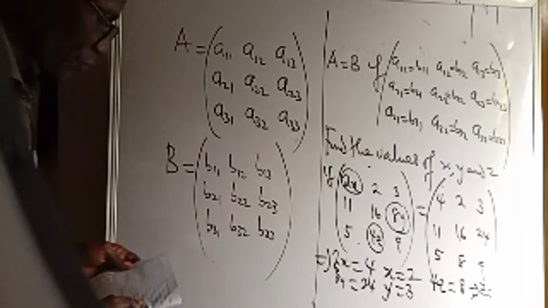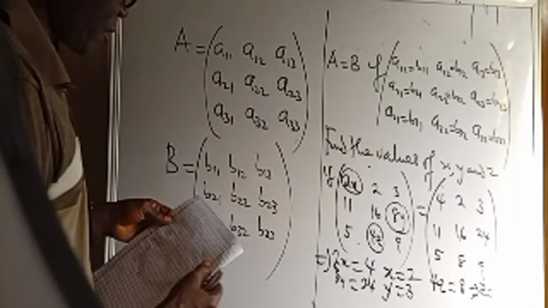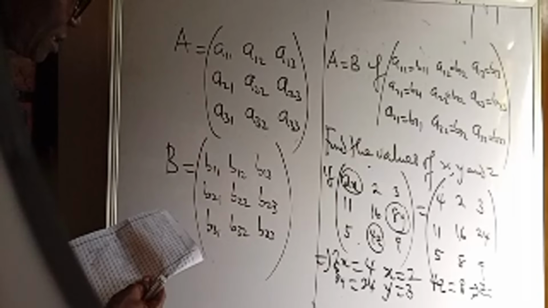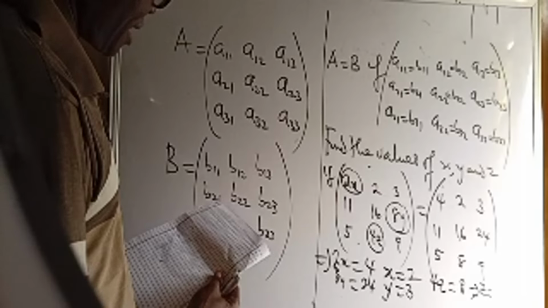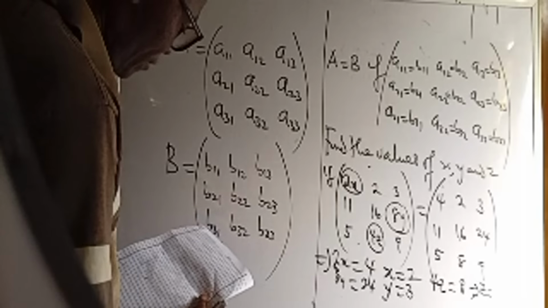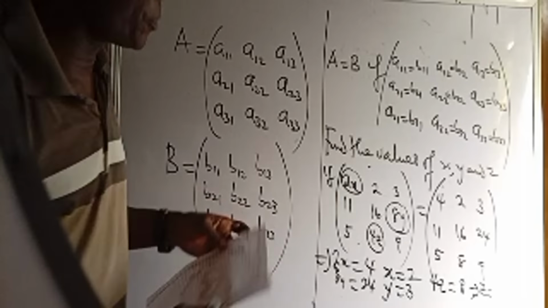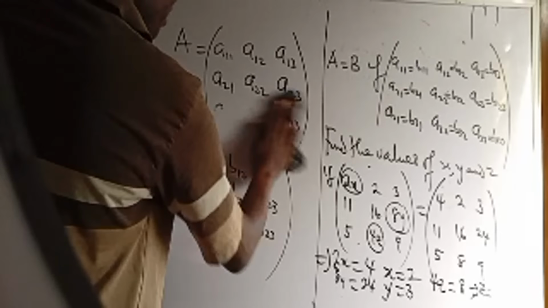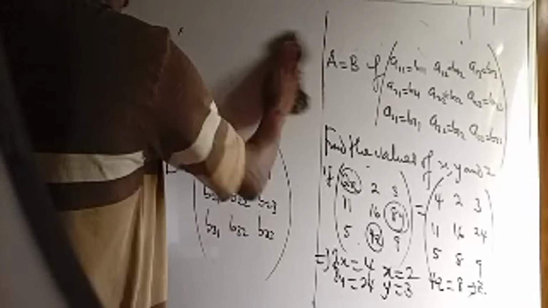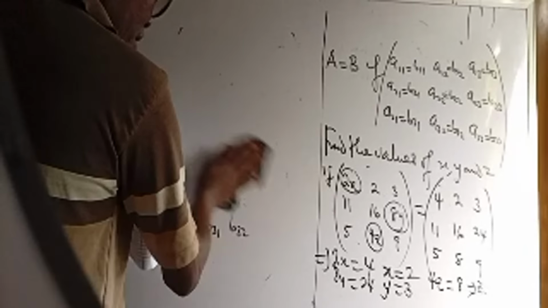Now, another interesting thing. We have discussed order of matrices, we have discussed transpose of a matrix, we have discussed a symmetric matrix. Beautiful. Now let's look at using the determinant method to find the values of unknowns in matrices.